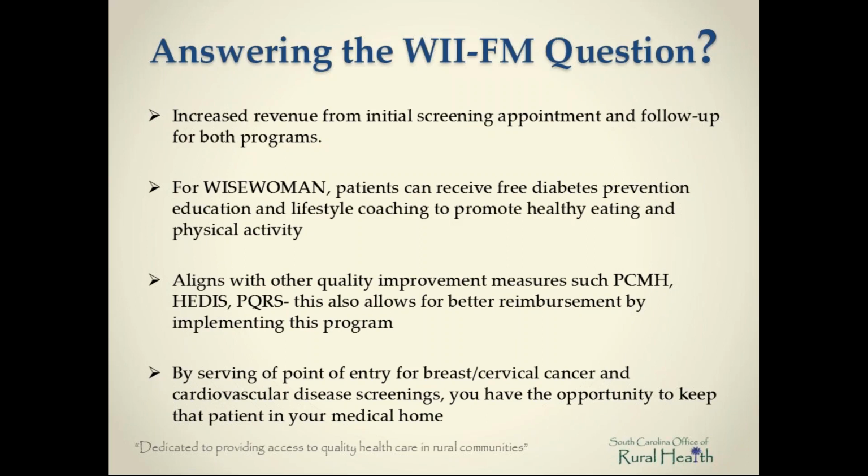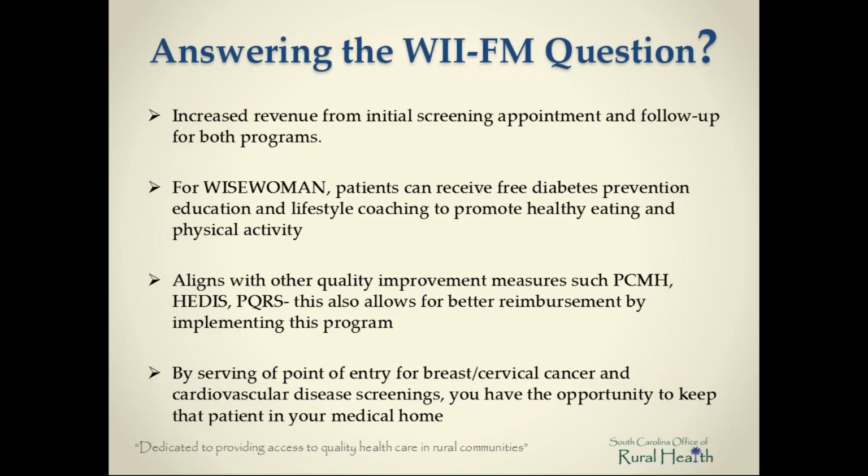So there's also opportunities to not only become a health coach through Wise Woman, but you can also co-locate a Taking Off Pounds Sensibly program at your location so the woman doesn't have to travel to a separate location. And also your health coach could be certified as a diabetes prevention educator. And DHEC subsidizes that, pays for it outright. So there's quite a few opportunities for providers to provide comprehensive services, which brings me to my next point.